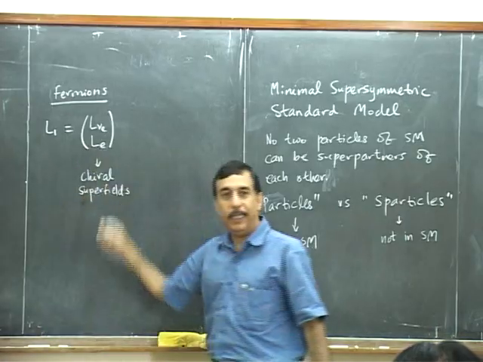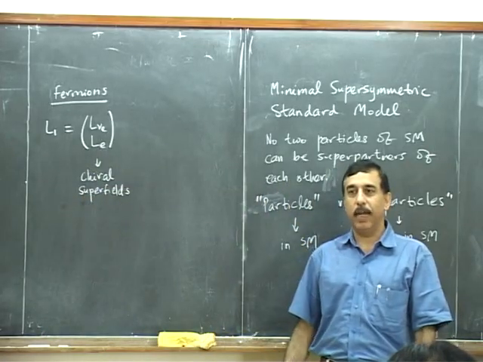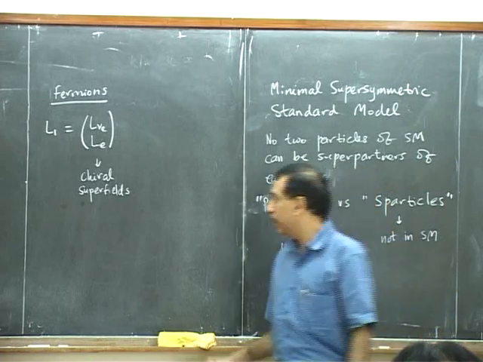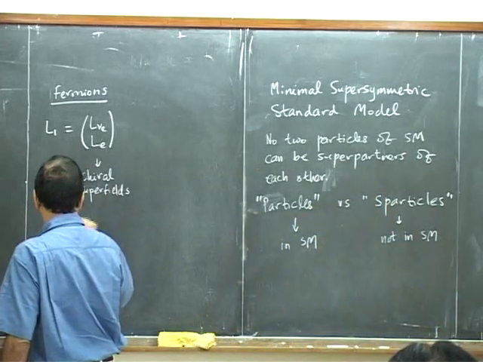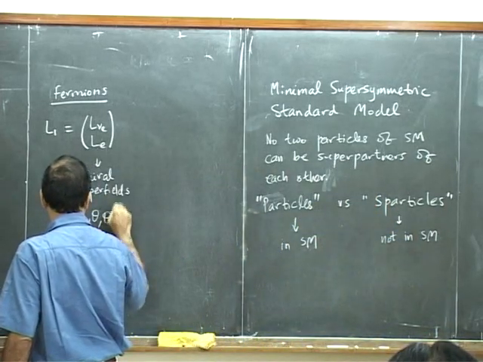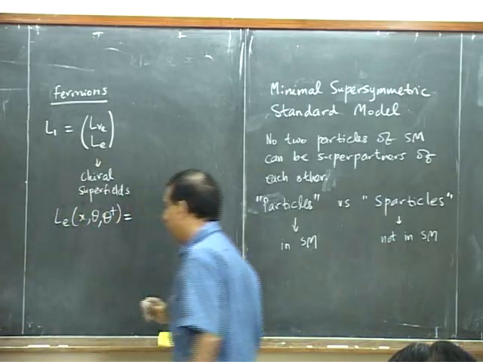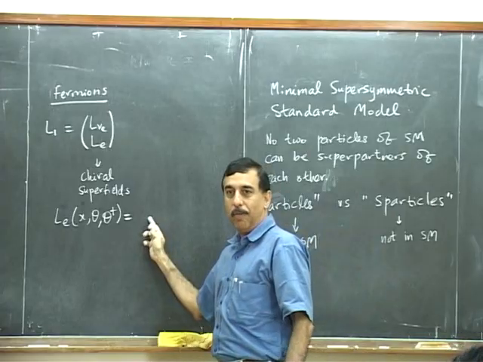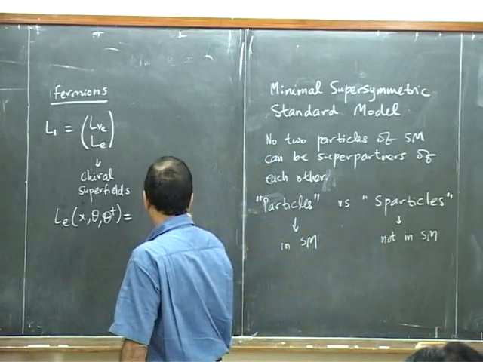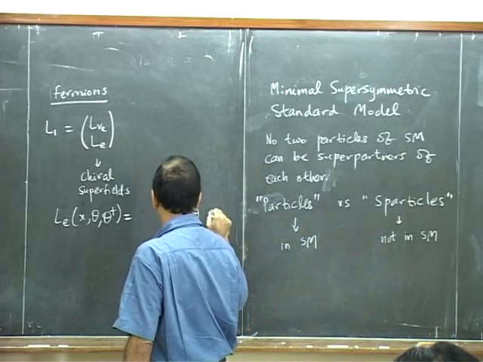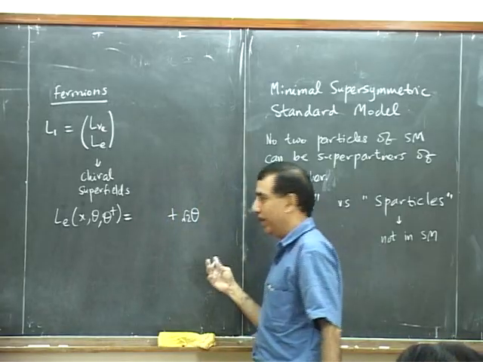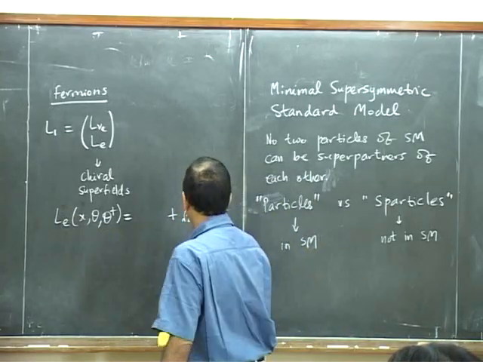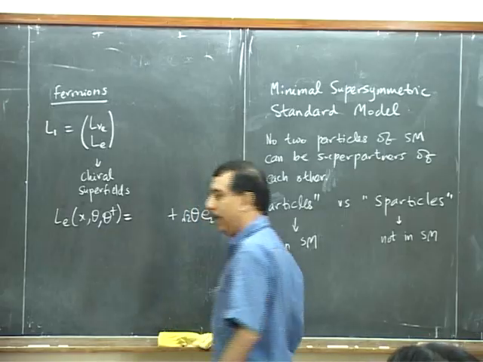So when I write L_E is a function of x, theta and theta dagger, I'll do this only once, after that you'll have to get used to it. It's going to have a starting term which is a complex scalar, and then it's going to have root 2 theta times a left-handed fermion, and because this is L_E, the fermion here is going to be e left.